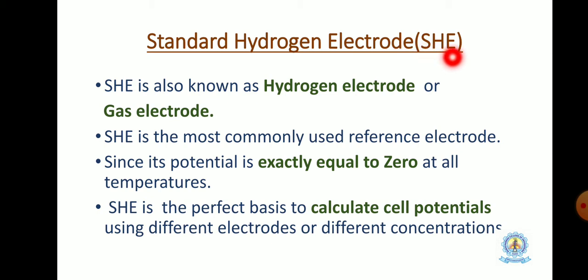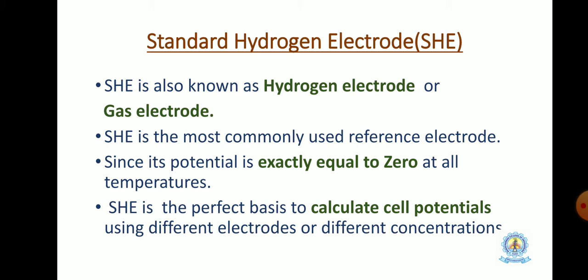You have to remember these three names because in the exam they will ask in any way. Okay, and the standard hydrogen electrode is the most commonly used reference electrode. That means when compared to other electrodes, SHE is the most usable electrode.